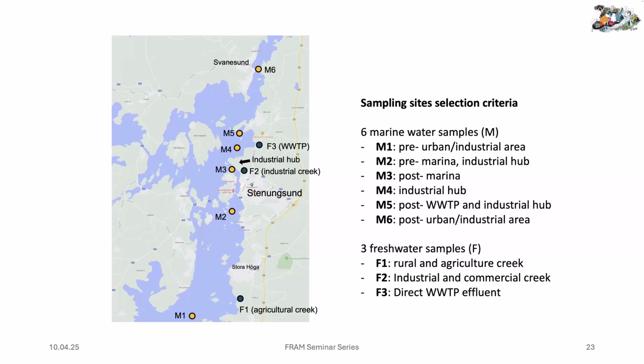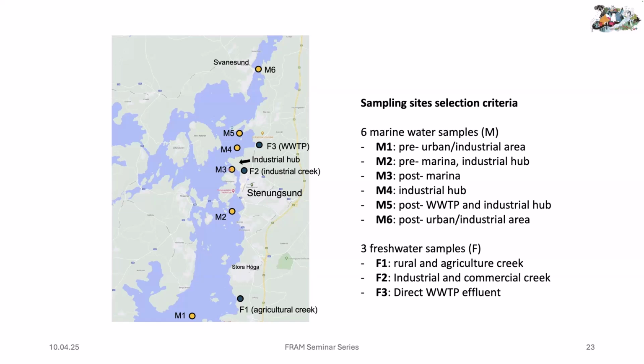Stenungsund hosts one of the largest petrochemical industries in Scandinavia, and we were quite interested in characterizing the fjord chemically, but also ecologically, to assess if the chemicals likely entering the fjord may have an impact on the aquatic microbial communities.